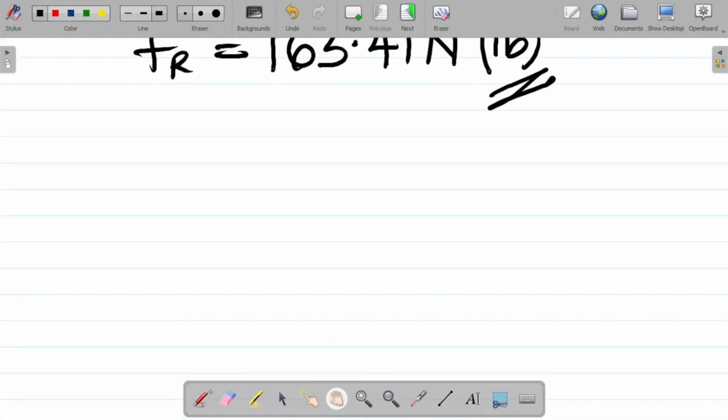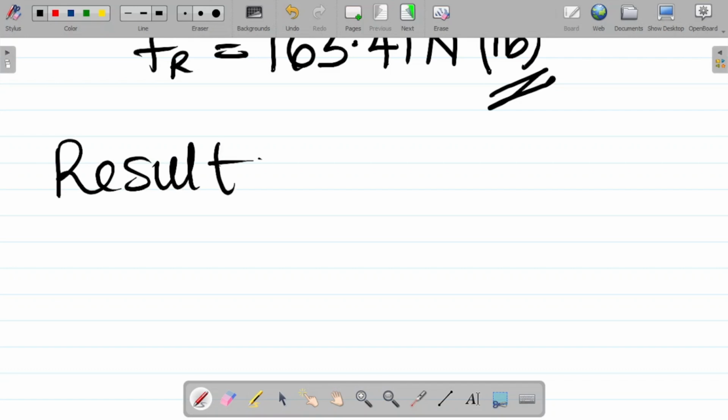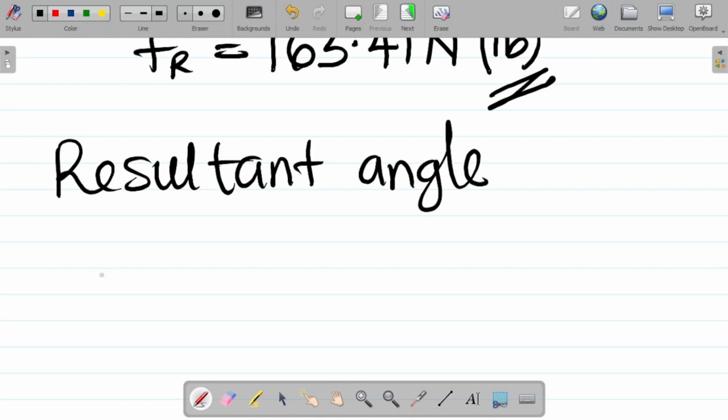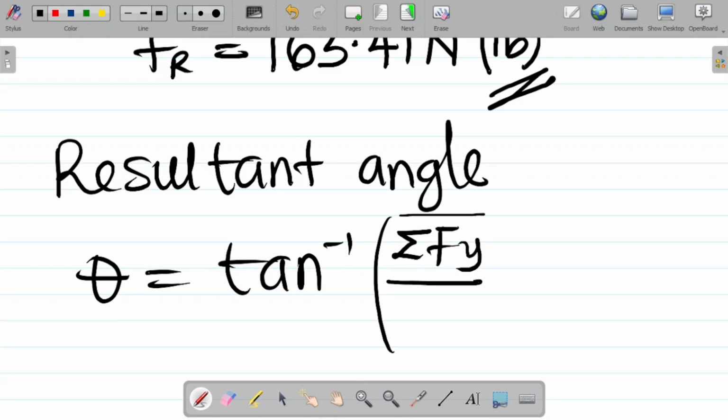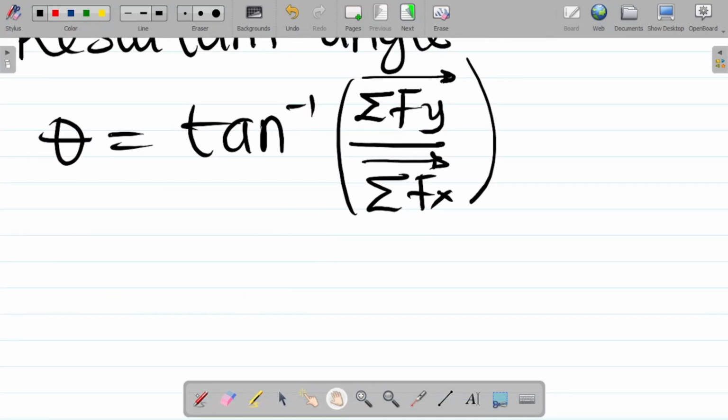Let's get the resultant angle. For the angle, theta is equal to tan inverse of sigma Fy all over sigma Fx. This is the formula.